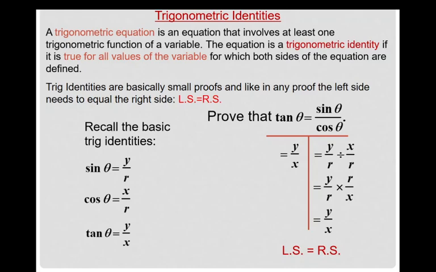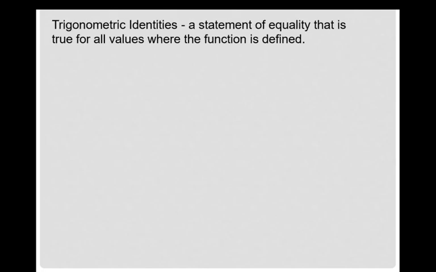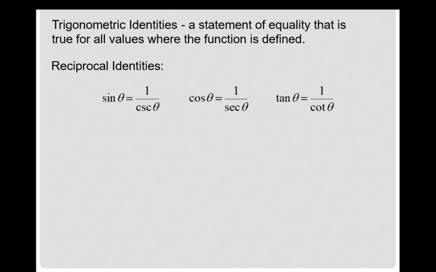So these are kind of like the formal proofs that you did in geometry, except that we don't have to say it line by line. Okay? Now, a trigonometric identity is a statement of equality that's true for all values. So we're going to start with the reciprocal functions. These we already know. Sine is 1 over cosecant, cosine is 1 over secant, and tangent is 1 over cotangent.